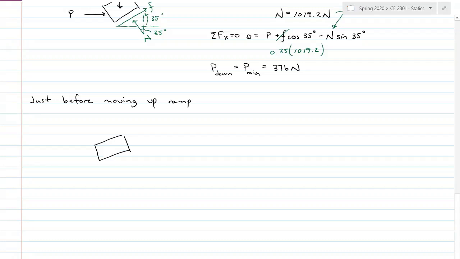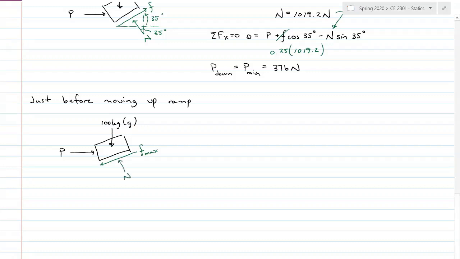Nope, it is still 100 kilograms times gravity, okay? We are still pushing horizontally here, but now we're trying to push it up the slope, which means friction again is working against us, right? So it's pushing down, and it's max because we want it just before movement. That's the maximum amount that we push just before it starts to move.